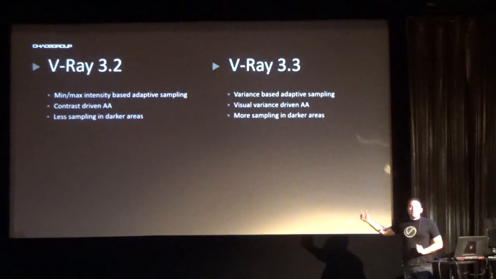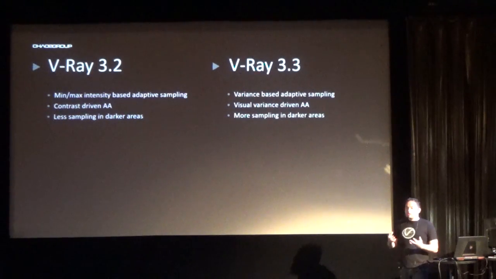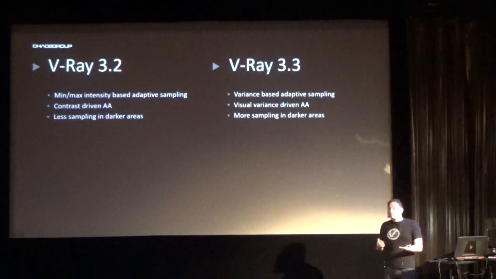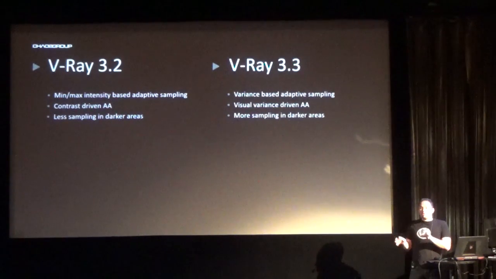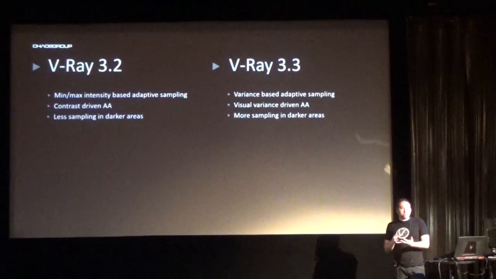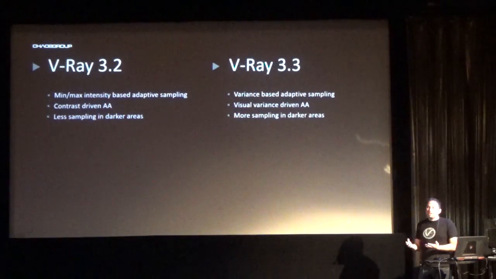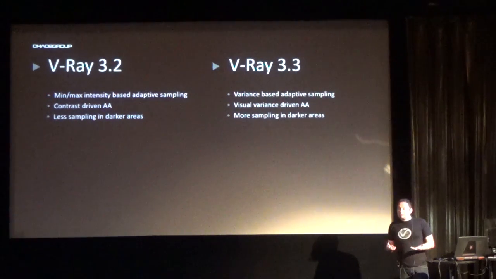In V-Ray 3.2 there was less sampling in the darks, because if you think about it, if something is in the shadow, its intensity is about 0 or close to 0, and every pixel in that area is next to each other and has similar values close to 0. So to V-Ray this means that there is no detail there, we don't need to sample, and that was a kind of optimization.